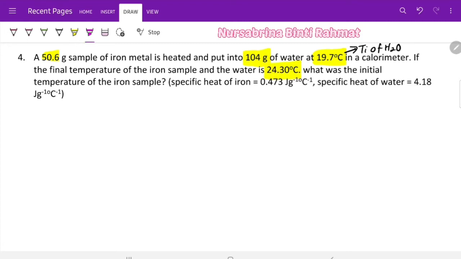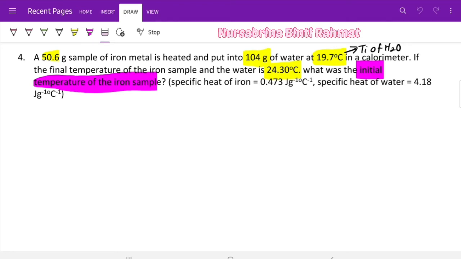So they want you to calculate the initial temperature of the iron sample. In your question 3, you were asked to calculate the final temperature, which should be equal on both sides. But if it is the initial temperature, that means you have to solve it. It's not equal on both sides. So iron undergoes heat release, that means its initial temperature is higher than its final temperature.